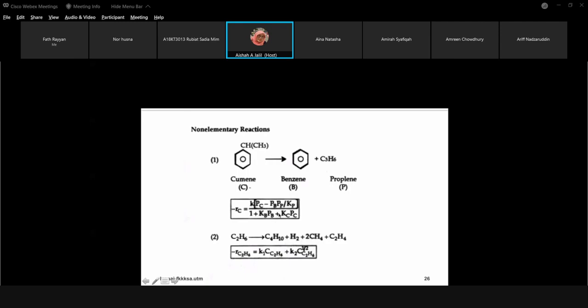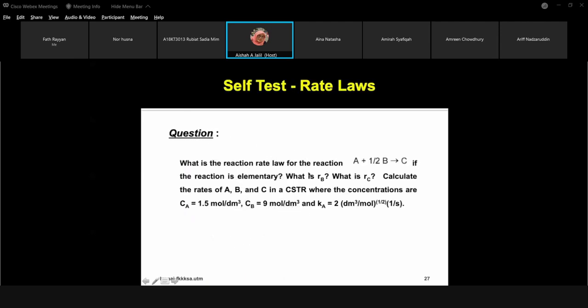So in chapter 10, you have to derive this rate law. There is a series of steps, so you can follow the steps, and then finally you can find the rate law is like this. This is also non-elementary, so you cannot predict it. That's all about the examples of first order and second order.